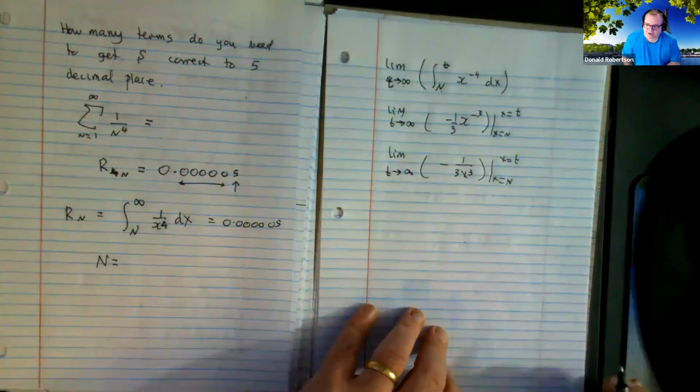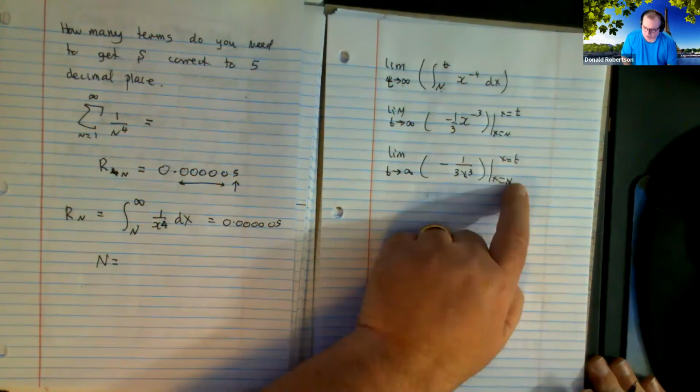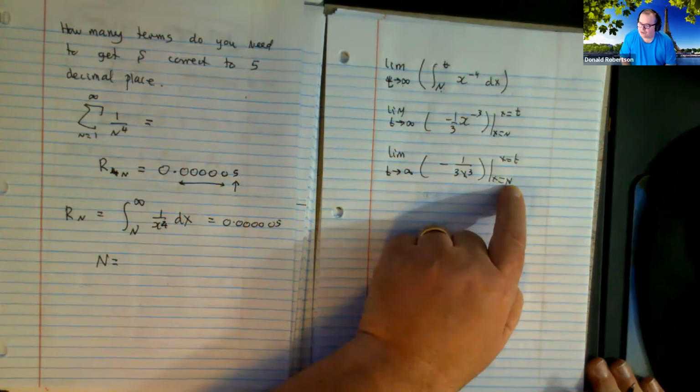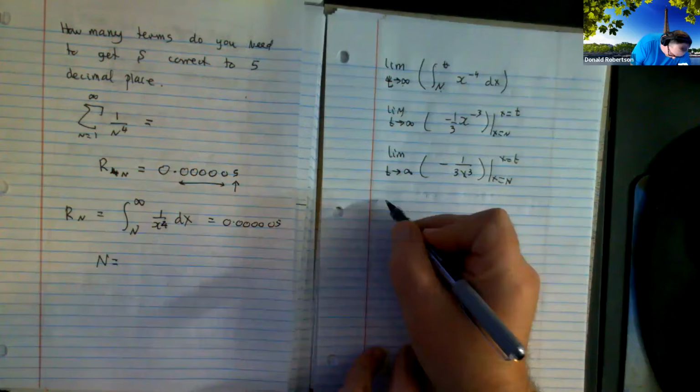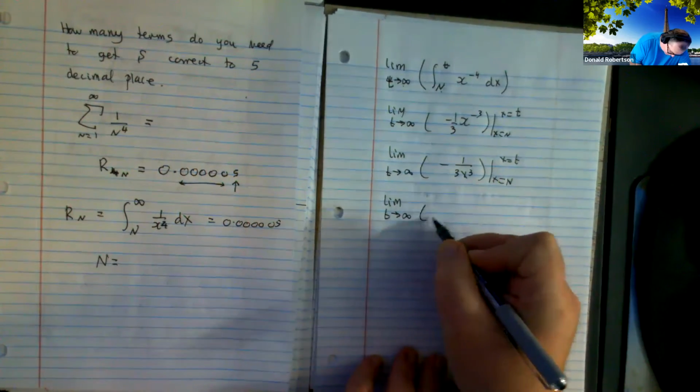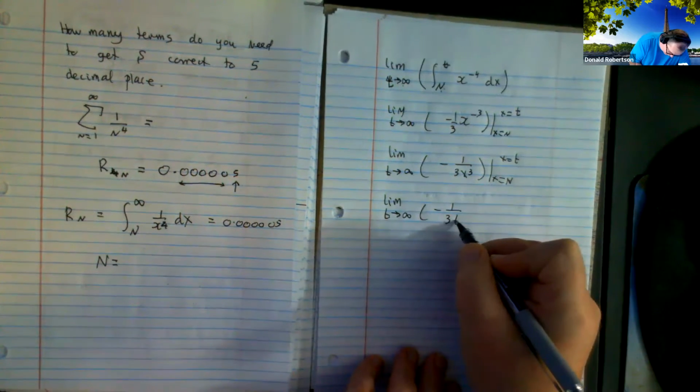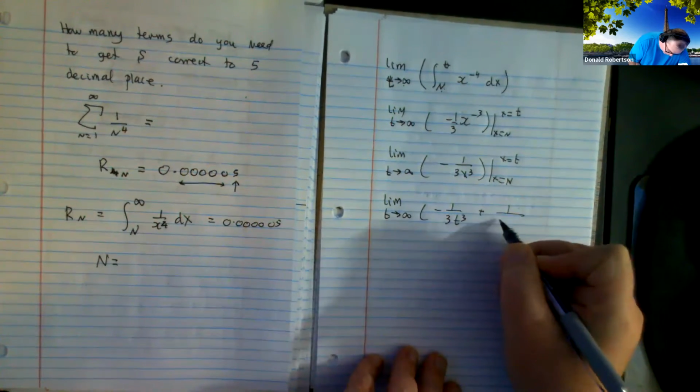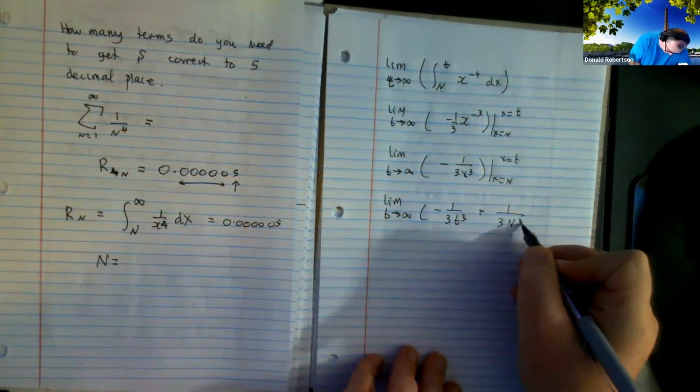It's almost identical to the question I did before. The only difference is, wasn't that 5? But now it's called n. So we have the limit as t tends to infinity of -1 over 3t cubed plus 1 over 3n cubed.